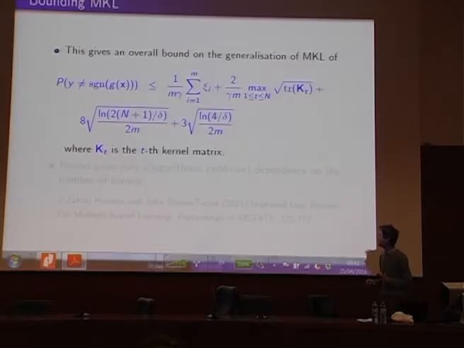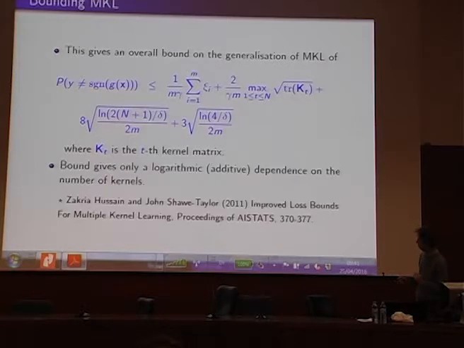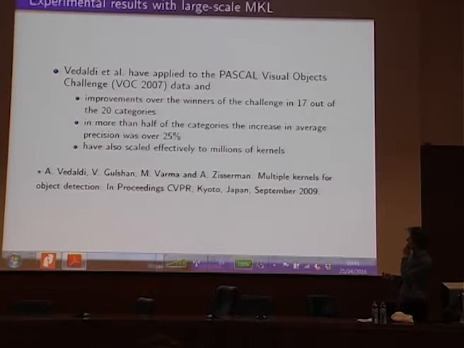So what this is telling us effectively is that there's a logarithmic dependence on the number of kernels in terms of the generalization bound. So that's just a reference there. These are experimental results not done by us, but that confirm this theoretical observation, using very large numbers of kernels in a visual object challenge. This is computer vision classification, and they were able to get a significant improvement in a large number of these categories of classification.